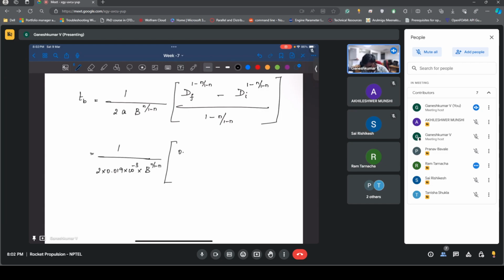D final and D outer are both the same, so 0.1 power 1 minus 0.38 by 1 minus 0.38, minus di, which is 0.03 power 1 minus 0.38 by 1 minus 0.38, whole divided by 1 minus 0.38 by 1 minus 0.38.